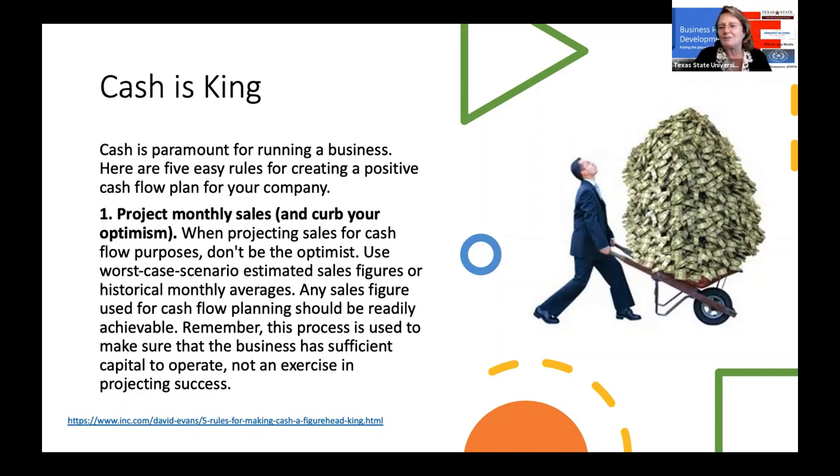Now, on these next few slides, I have a direct quote on here about cash is king. The reason I gave it as a direct quote is that I truly believe that this has importance to you in reading it. When we're looking at sales and we're trying to project what our sales are going to be, project them monthly. And we're talking about cash sales. What part of that sales is cash? Which part is going into accounts receivable? But when we're doing our cash, we want to project it monthly.